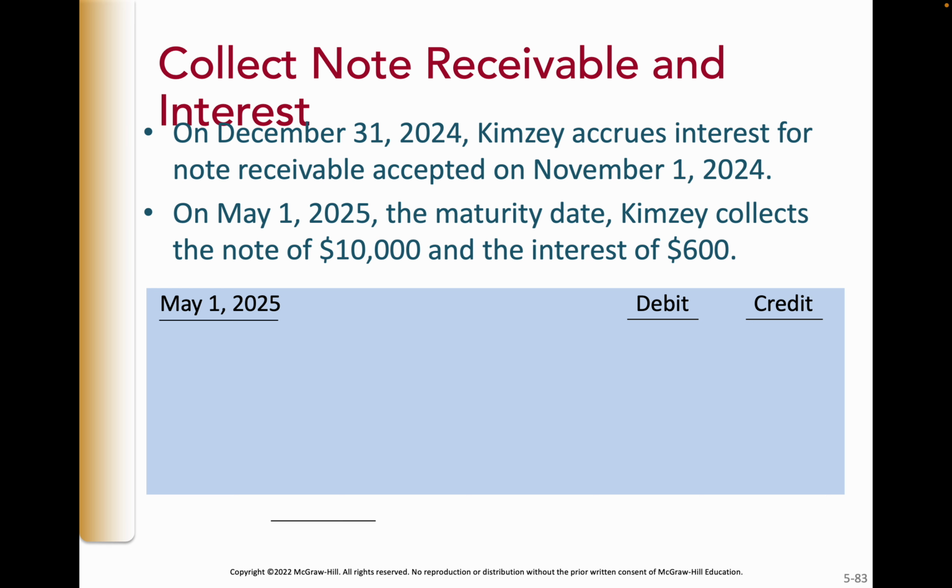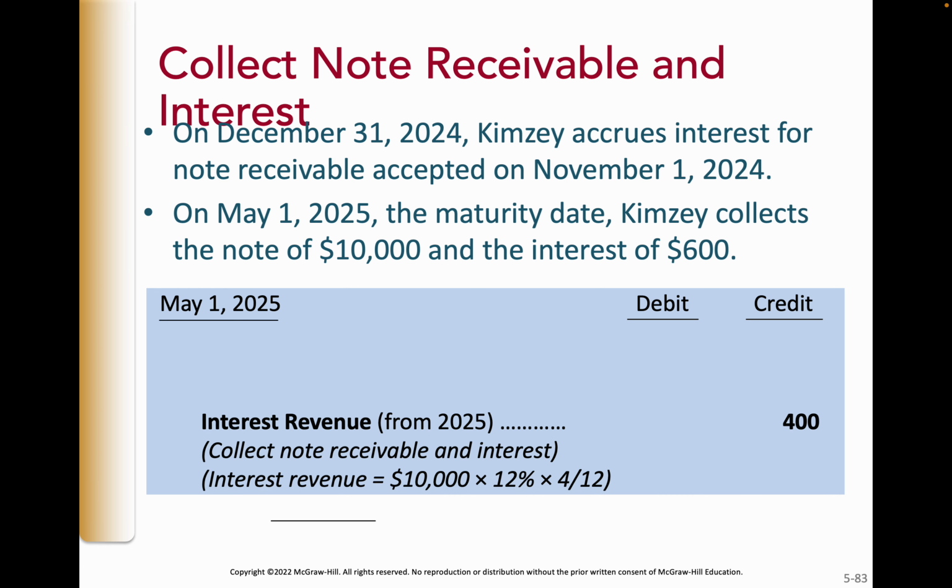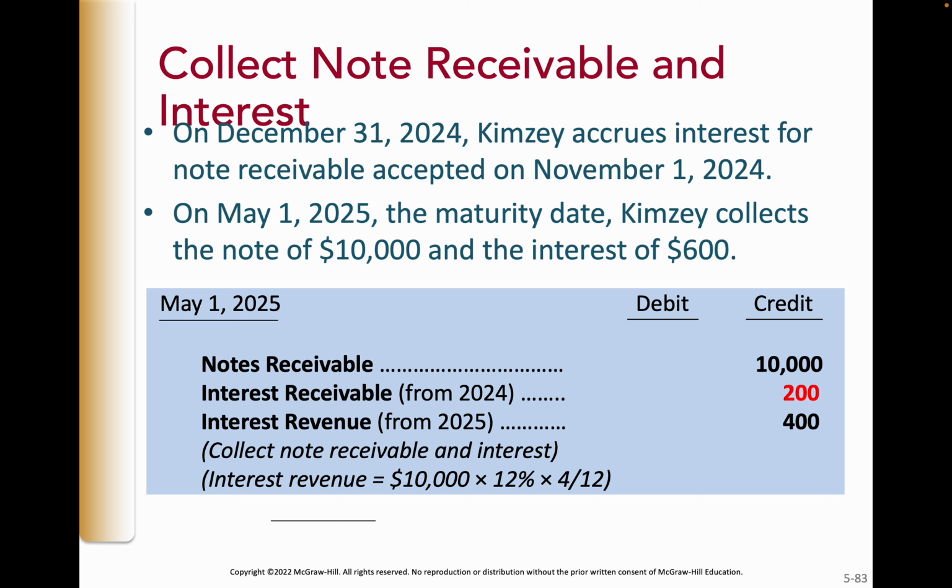And then when Justin pays on May 1 at the maturity date, it would be that $10,600 debit to cash, the $10,000 credit to notes receivable, a $200 credit to interest receivable, which we just recorded in the previous journal entry, and then $400 to interest revenue.